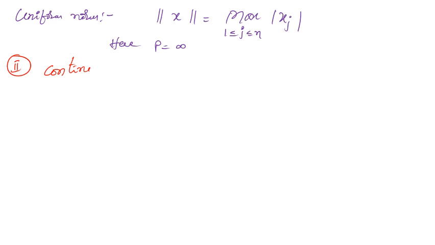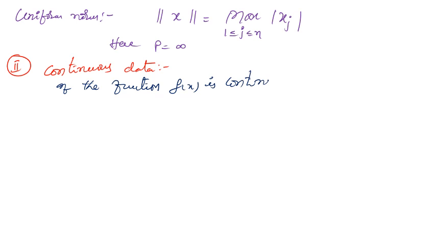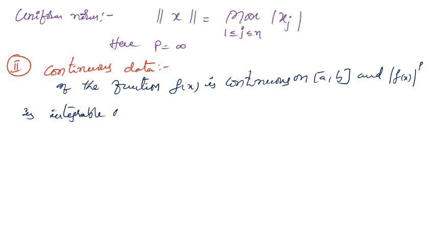Now for continuous data. What does continuous data mean? Here, the function f of x is continuous on the closed interval [a, b], and f of x is integrable, and one can write mod f of x to the power p is integrable on [a, b].